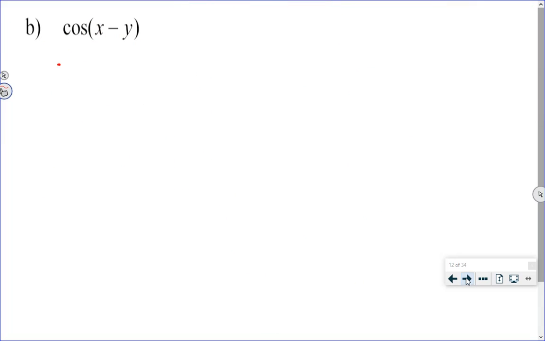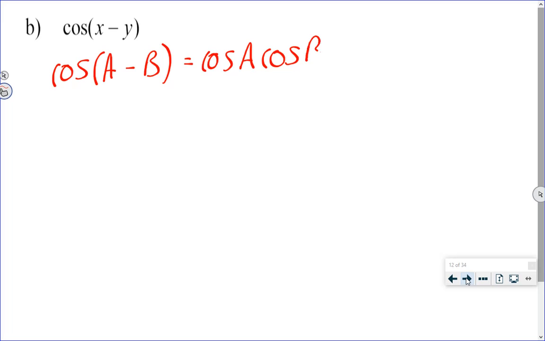What is the cosine of A minus B? Remember, we changed the x's and y's. Well, it's cosine of A, cosine of B, plus sine of A, sine of B. I'm going to write something else down here just to help keep me organized. This is x over r.